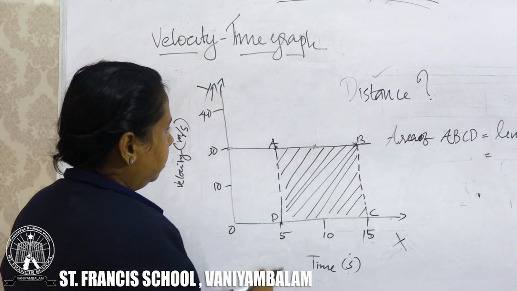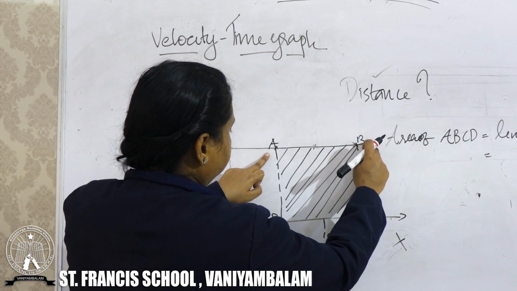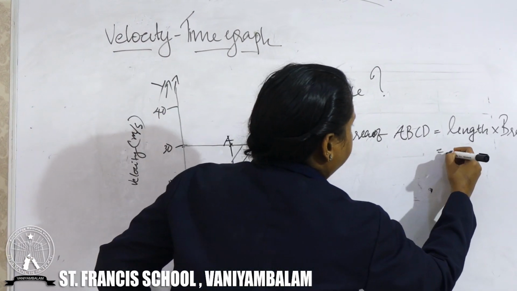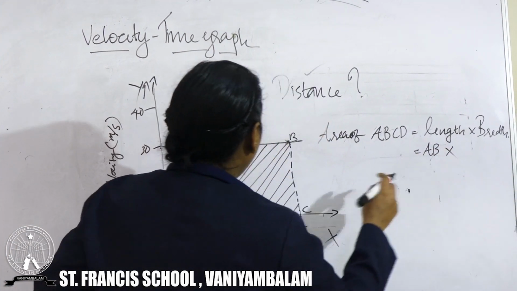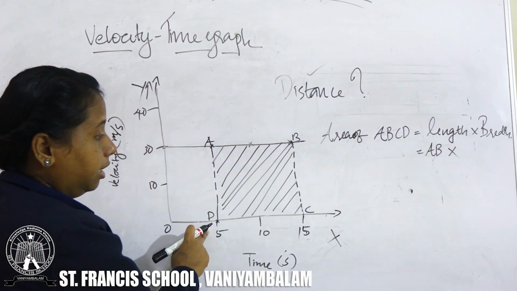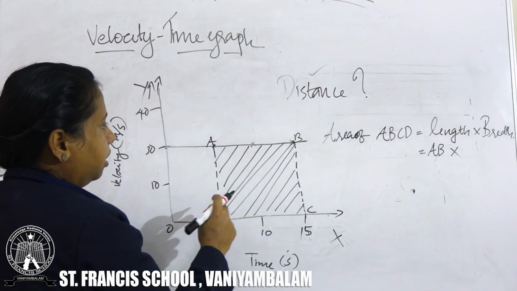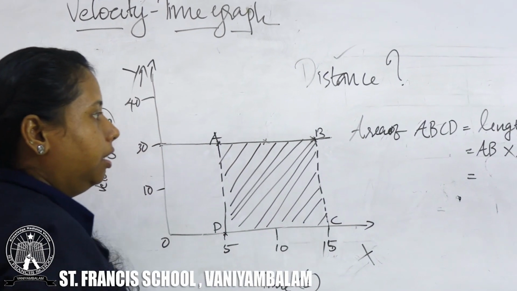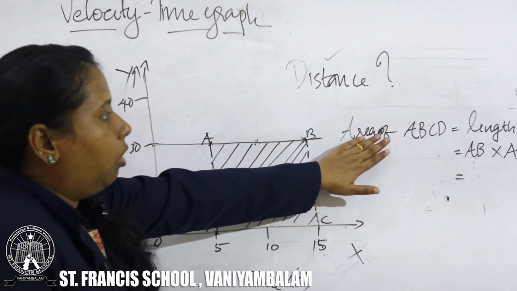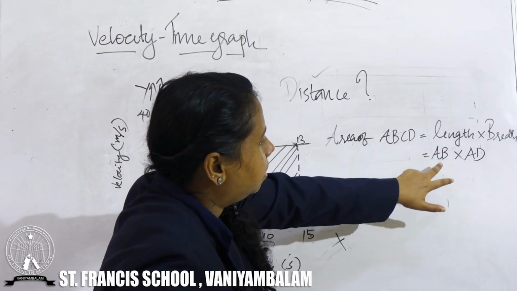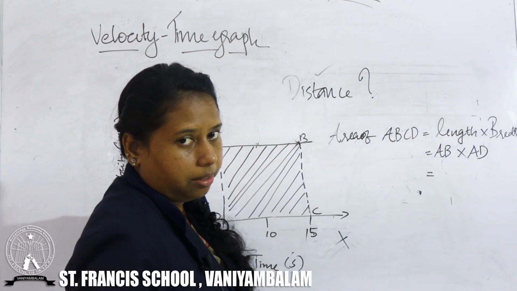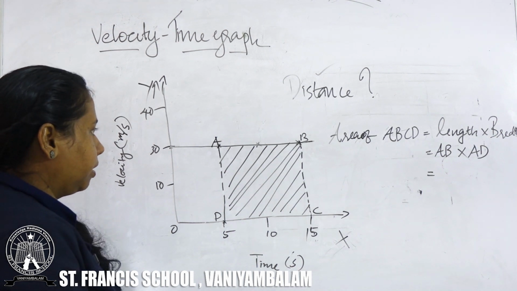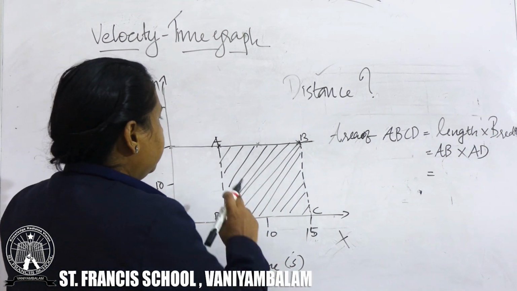This is its length, isn't it? Or we can say AB into AD. Area of ABCD is equal to length into breadth, which is equal to AB into AD. Then what is AB?